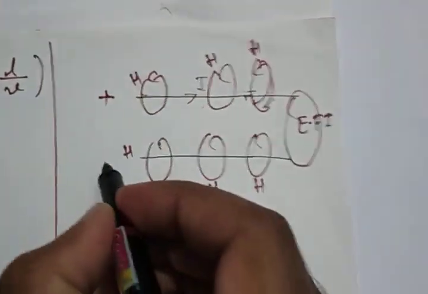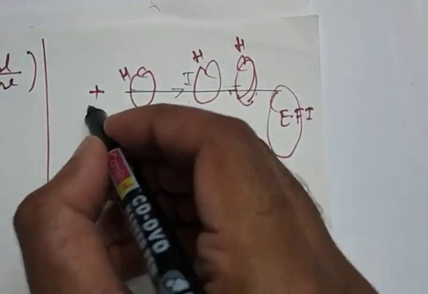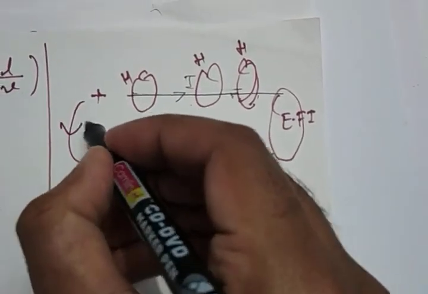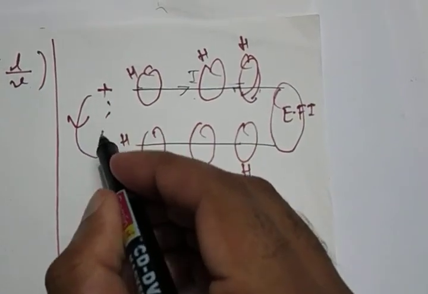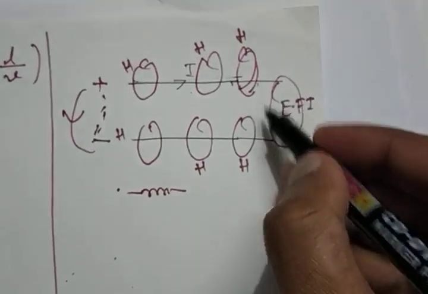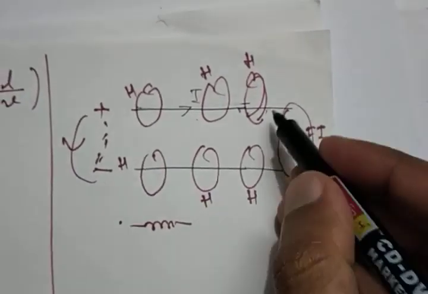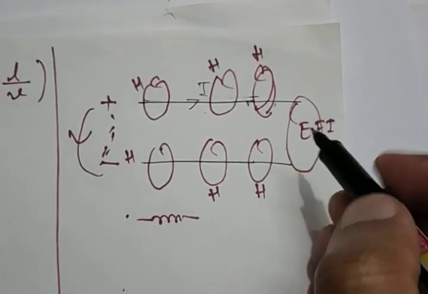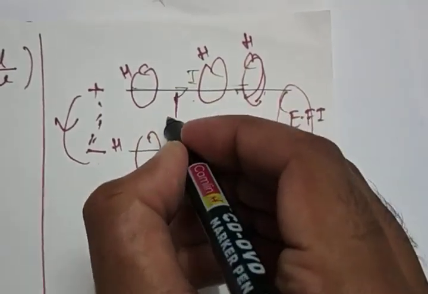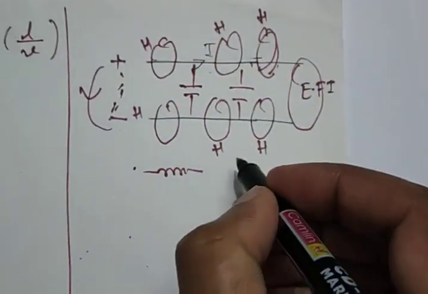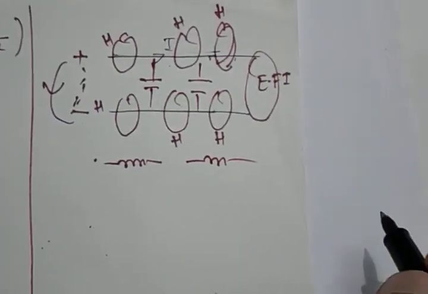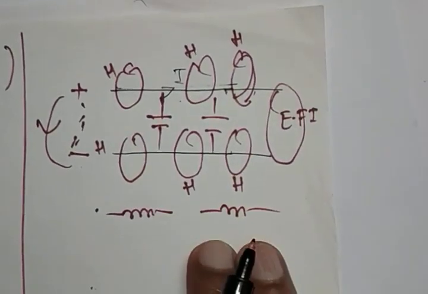If this one is positive and this one is negative, the direction of electric field intensity will be from positive to negative. And this particular electric field between these two conductors will give rise to the concept of virtual capacitors. So there will be the concept of virtual capacitors and virtual inductors.